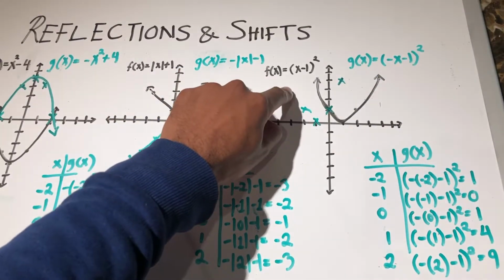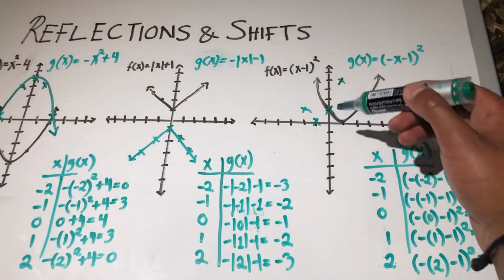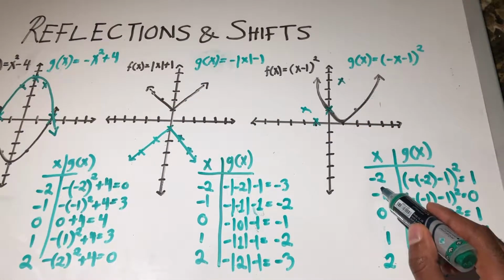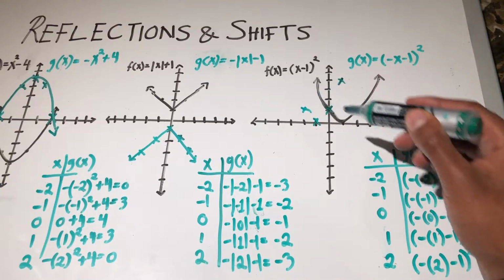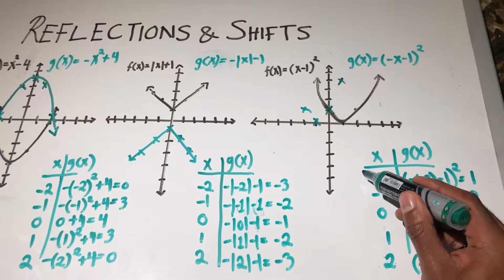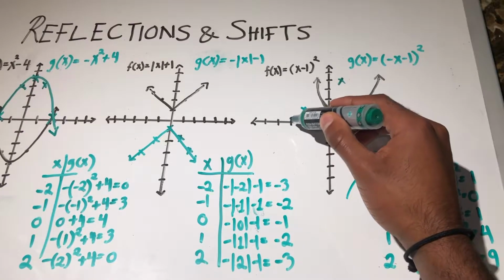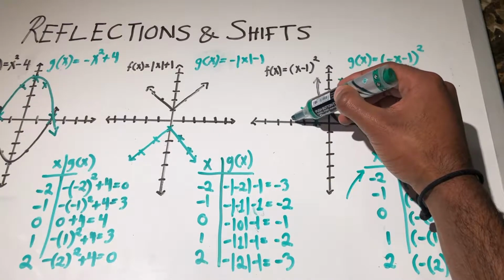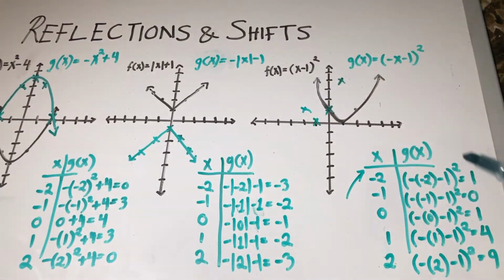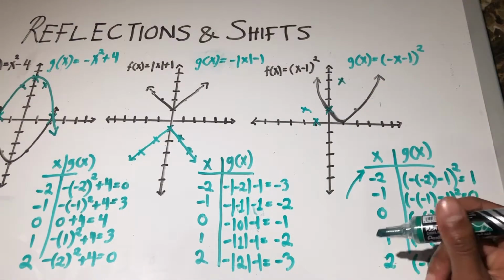But what's happening here? Well, at -2 it's just 1. So if we add one more, a lesser value, let's say -3, we can see how the function is behaving when x is at -3.